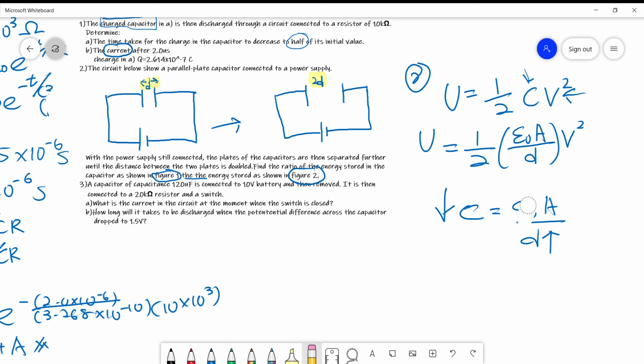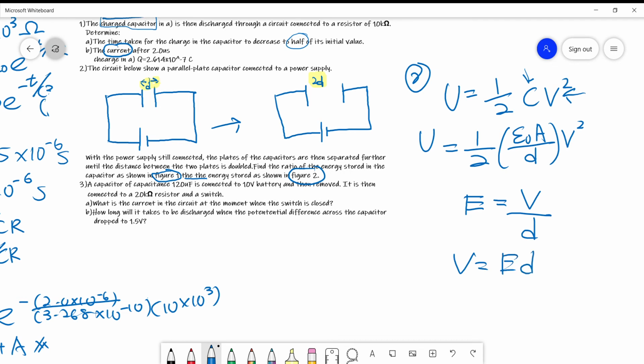As for the potential difference, we know that the electric field strength is equal to the potential difference across the capacitor divided by the plate separation. So V is ED.